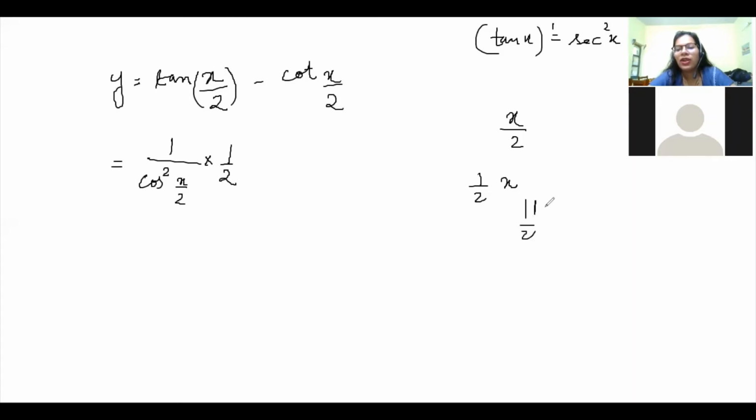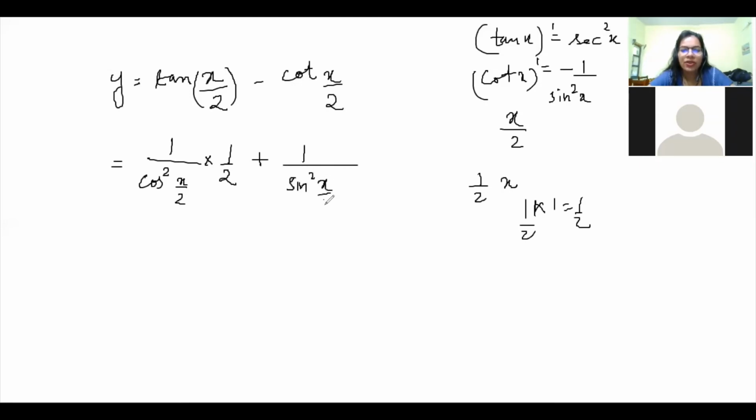So 1 by 2 into 1 is 1 by 2. Then minus cot x by 2. We know cot x differentiation is minus 1 by sin square x or minus cosec square x. So minus becomes plus. It will become 1 by sin square x by 2 into 1 by 2. Correct?